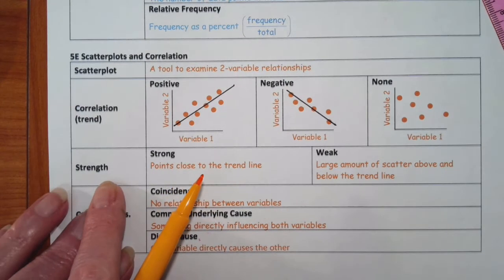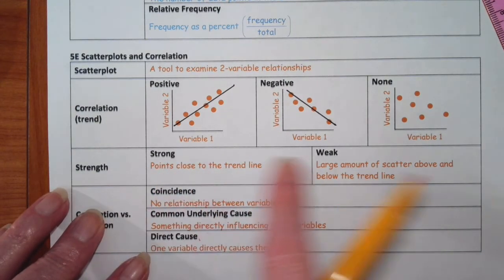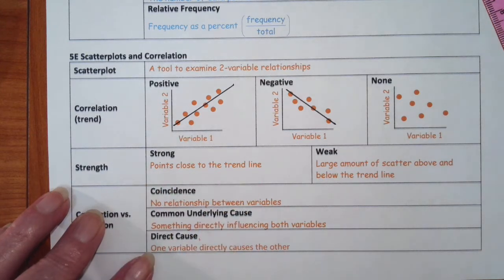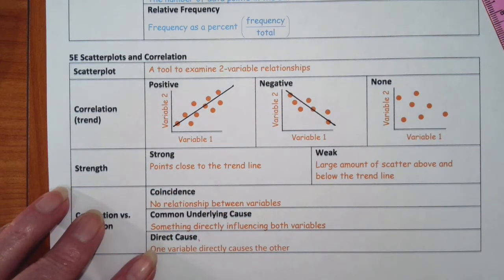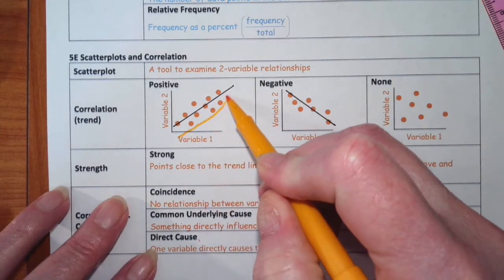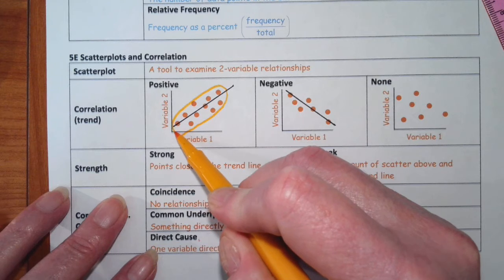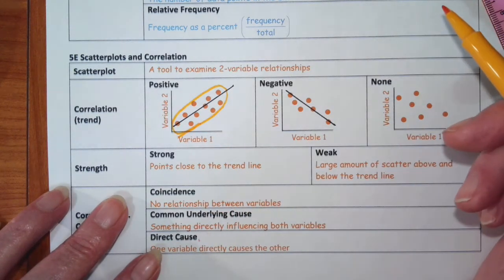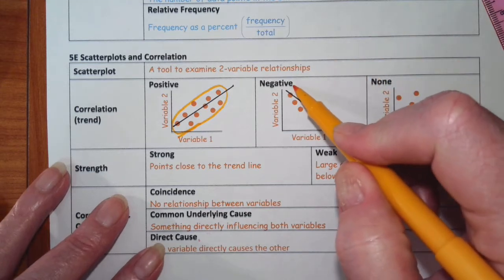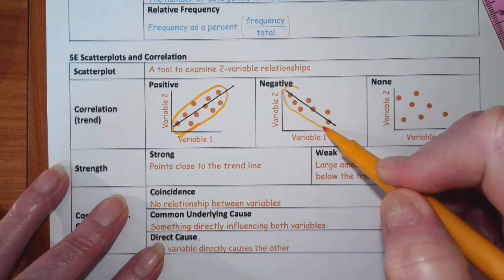Then the strength is going to be strong or weak. And the strength is how close are the data values to the line. So what I do is I just kind of draw a little picture around. I just corral the variables and see how close that is to the trend line.